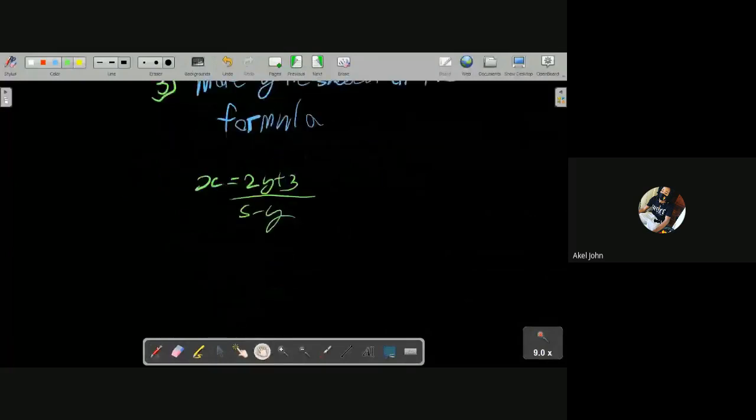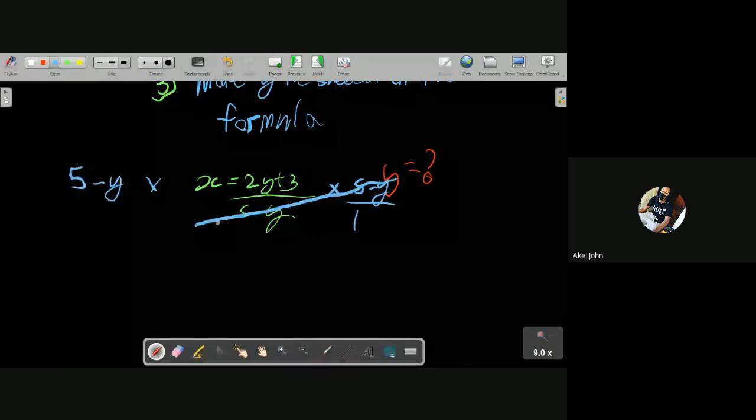And now we're trying to solve for y. Of course, since this is a division, we need to use the inverse of that, which is multiplication. So just multiply on both sides by 5 minus y. These two would cancel off, leaving x, open bracket, 5 minus y is equal to 2y plus 3.